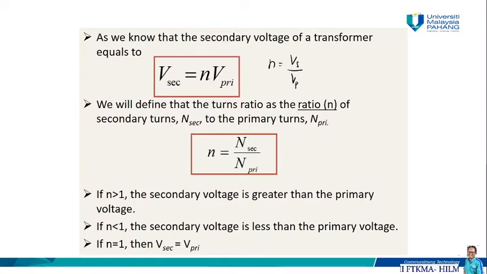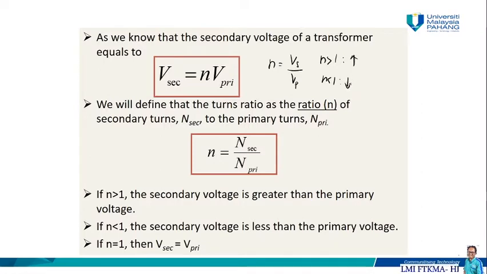If the N value is larger than 1, the secondary voltage is greater than the primary voltage, meaning that it is a step up transformer. And if N is smaller than 1, then it is a step down.